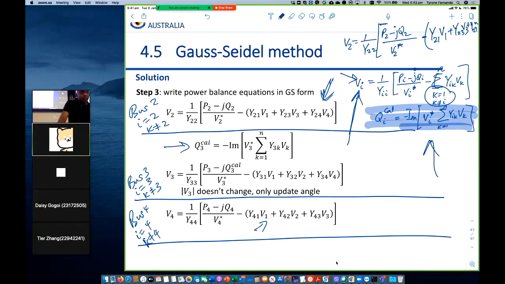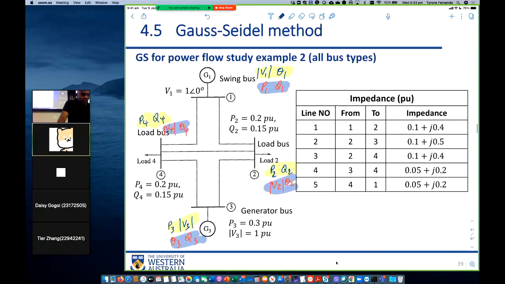So for this particular network, we have written the relevant equations. For bus 4, P4 and Q4 are known, so we don't need to calculate them. For bus 3, Q3 was not known, so we needed to calculate it.